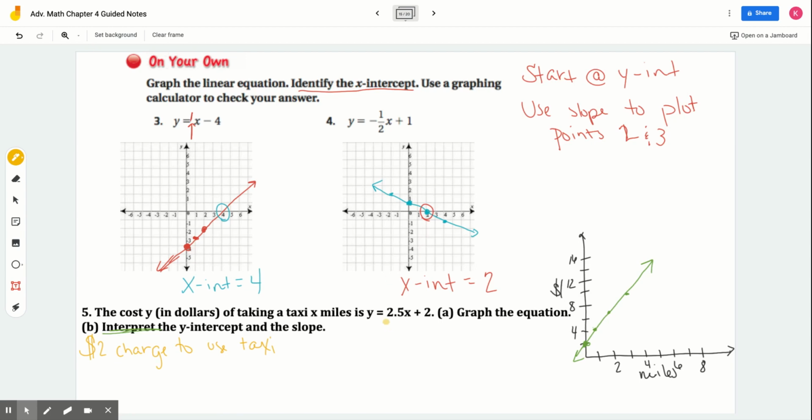Now, the slope is 2.5. So if we're going up $2.50 for every 1 mile, what does this tell us? This means that it costs us an additional $2.50 for each mile traveled.